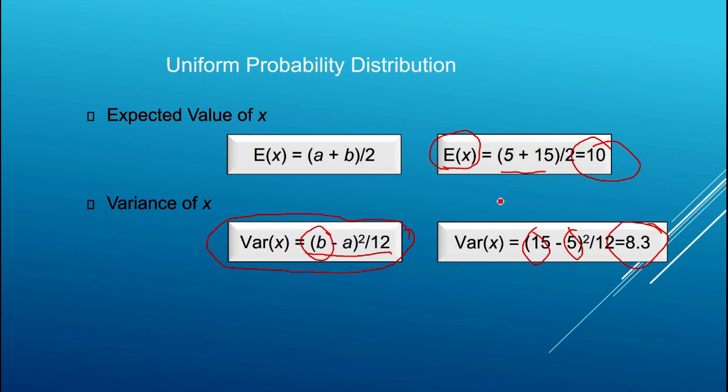We need to take the square root in order to get the standard deviation, if we want to measure that dispersion in terms of ounces, the same units of measure that we're measuring the mean in. So you take the square root of 8.3, I think it's around 2.8, and you get a standard deviation there of 2.8. So the standard deviation would be somewhere around 2.8 ounces in our distribution.